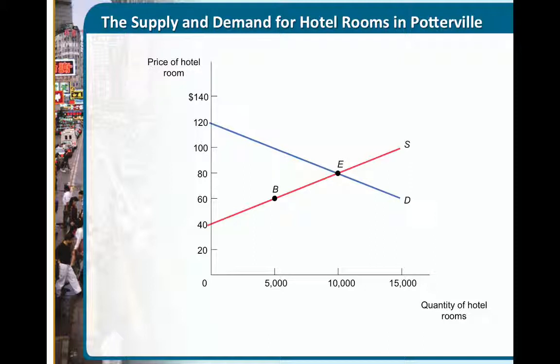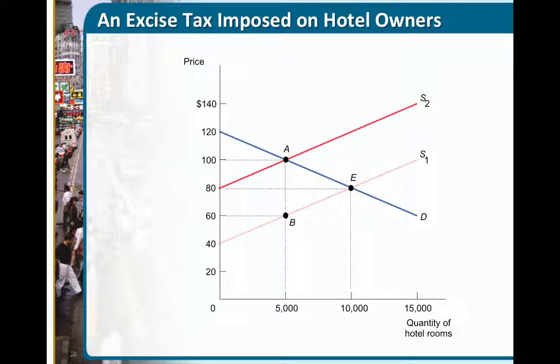The supply and the demand here for hotel rooms in Potterville is this wonderful life, I think. So if you look at the equilibrium price and quantity, the equilibrium price is $80, and at that price, 10,000 hotel rooms will be taken out.